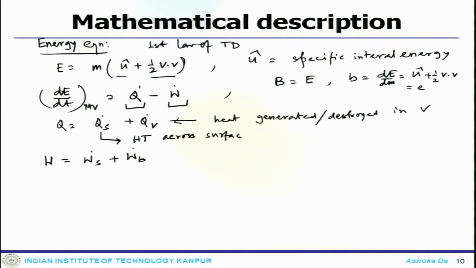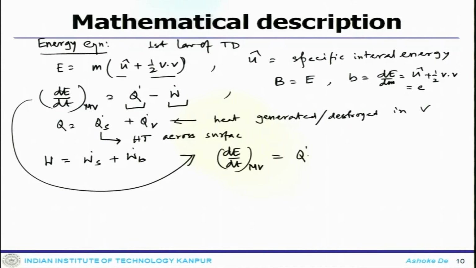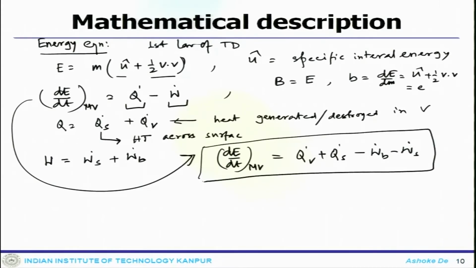So, in the total equation, this is my dE by dt in the material volume, which is Q V plus Q S minus W B minus W S. So, that is essentially, in a nutshell, my energy equation.